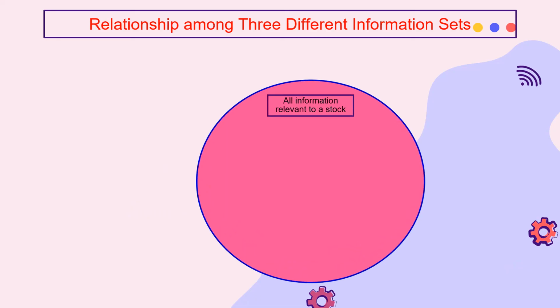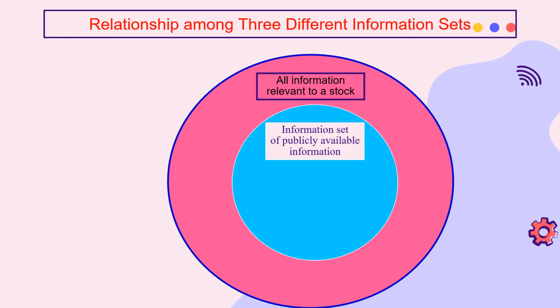Okay, so you can see this is the relationship among three different information sets. Okay, yang ni yang kita ada belajar the information set of past price. Ini adalah more kepada weak form efficient market. This one when dia ada gabungan di antara public information and past price, we call as semi-strong form market efficiency.